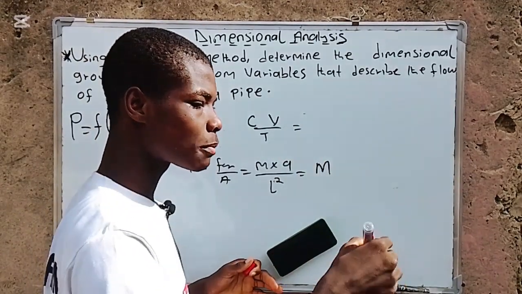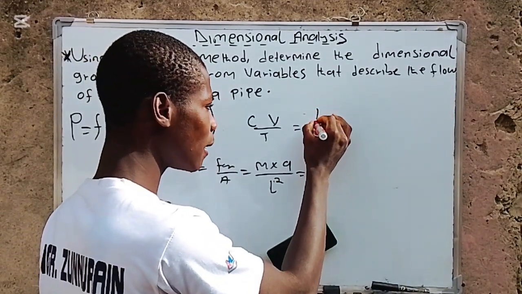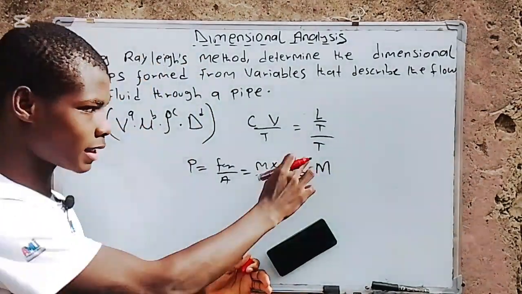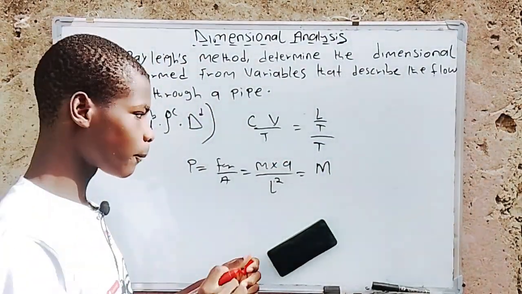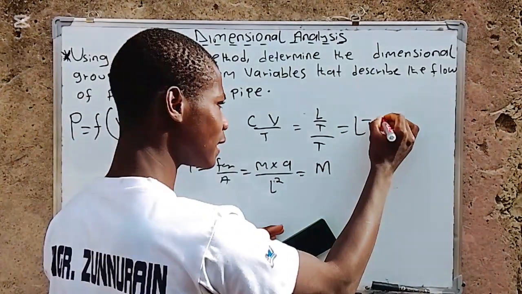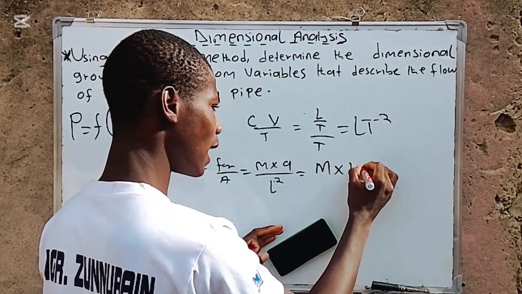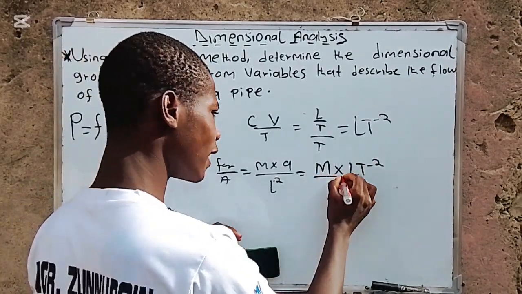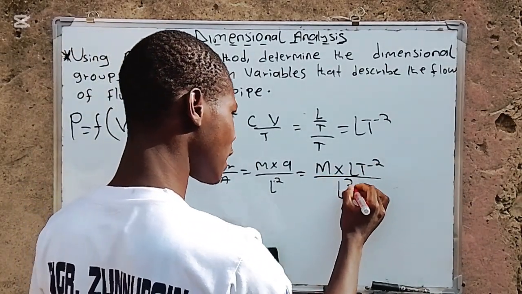Velocity is displacement over time, which is L per T, and also divided by this T. Please, you have to concentrate. So mass multiplied by this is the same as saying M L T to the minus 2, divided by the value of this L squared.